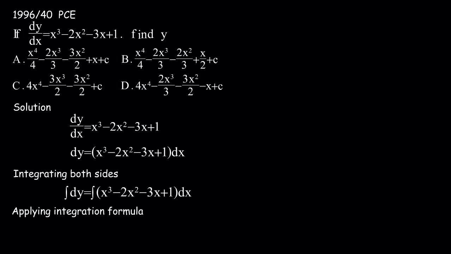When we integrate 1, we get s, and we are going to be adding our constant of integration, which is c. So our final answer is y is equals to s to the power of 4 divided by 4 minus 2s cubed divided by 3 minus 3s squared divided by 2 plus s plus c.